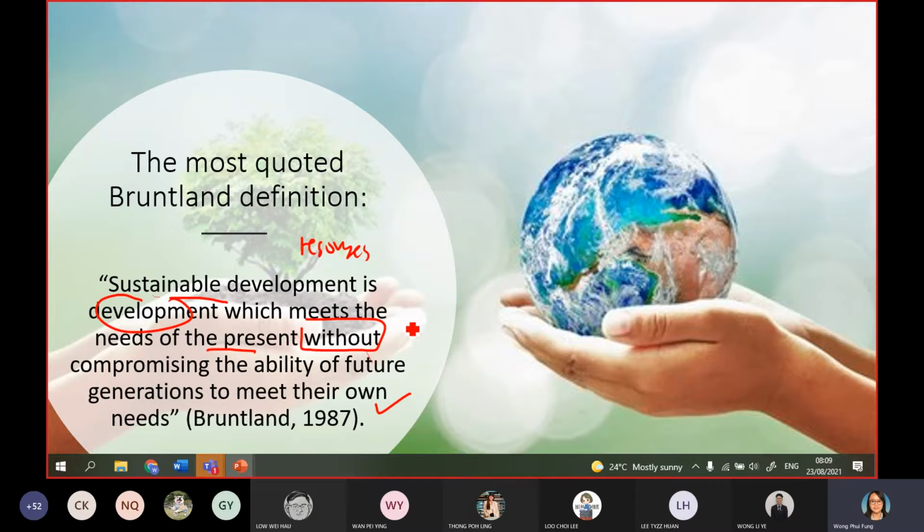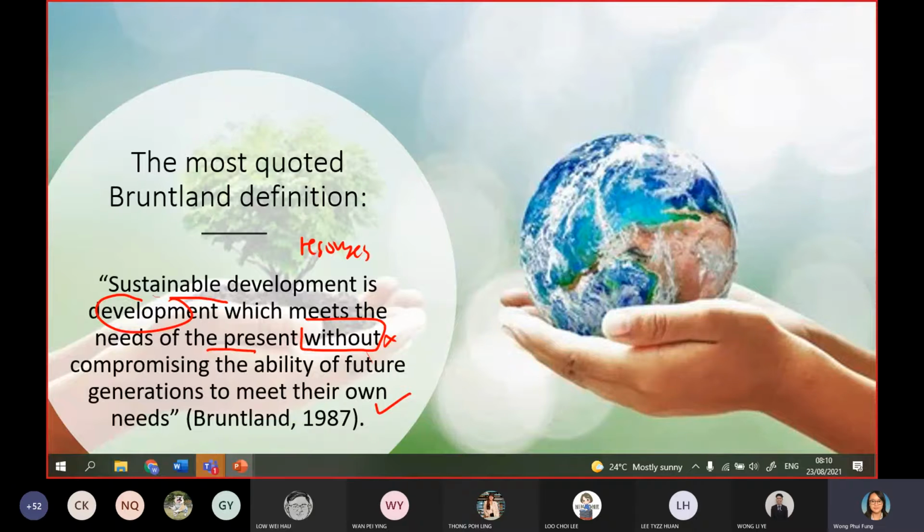That is sustainable development: we consume whatever we need today without taking away their ability to enjoy in the future.